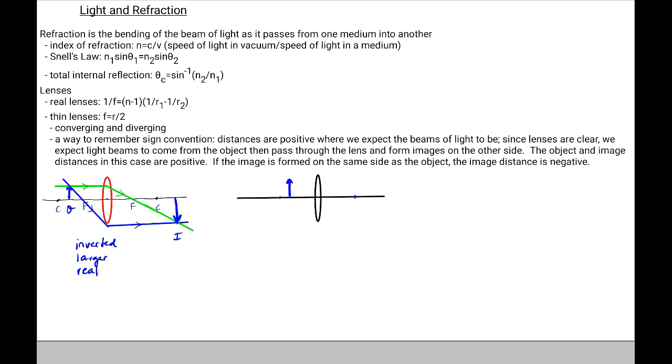So the first beam is the one that comes parallel to the principal axis, like that, and it refracts through the focus through the first curved surface. I'm going to draw arrows on this. We have the incident beam and the refracted beam through the focus for the first curved surface.